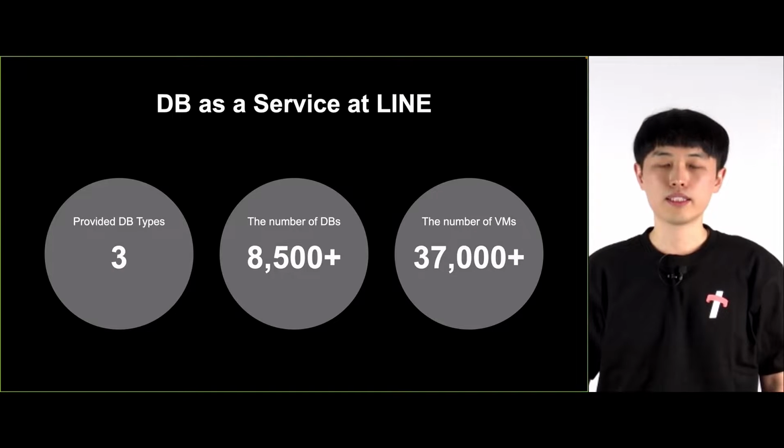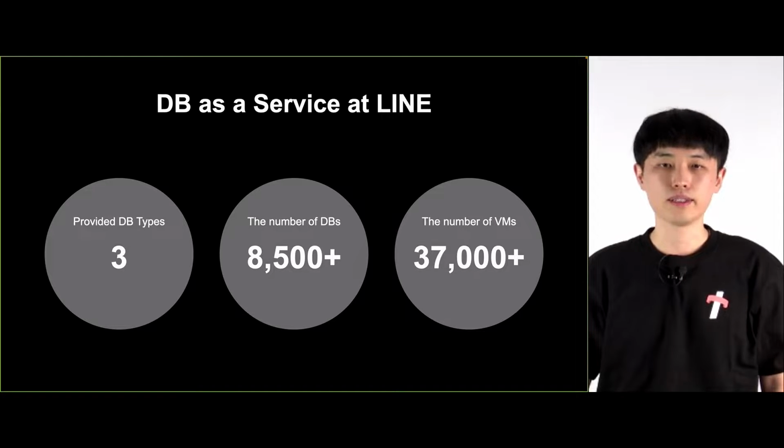In Line, DB is provided as a service so that developers can easily create and use databases. The types are MySQL, Redis, and Elasticsearch, and we plan to add other DBs such as MongoDB. And there are about 8,500 services on DB.